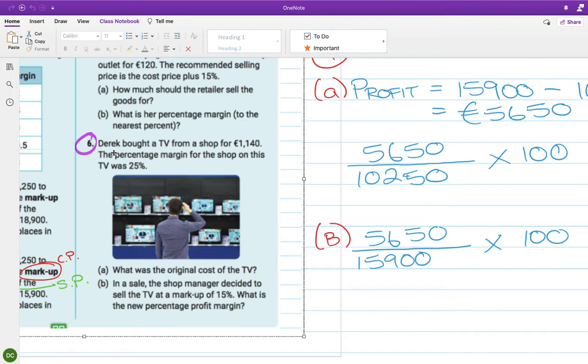Okay, so that means the €1,140 that he paid was the 100% that it cost them plus the 25% profit margin.